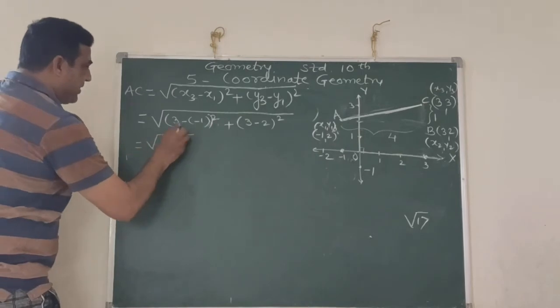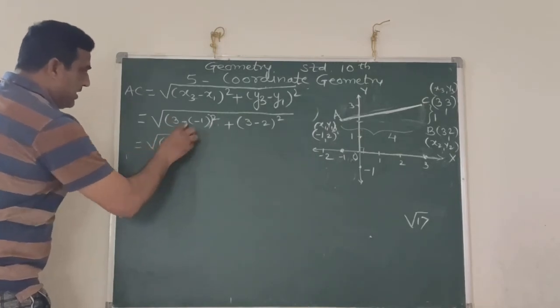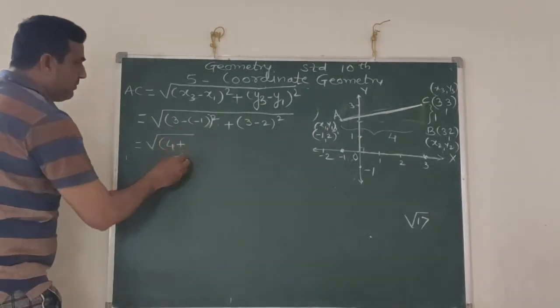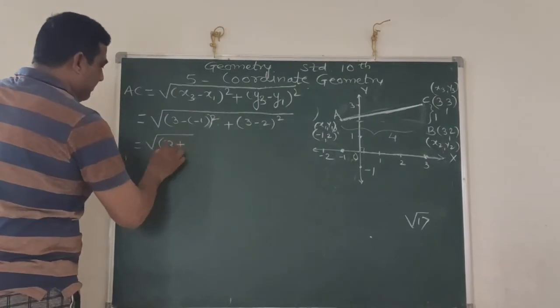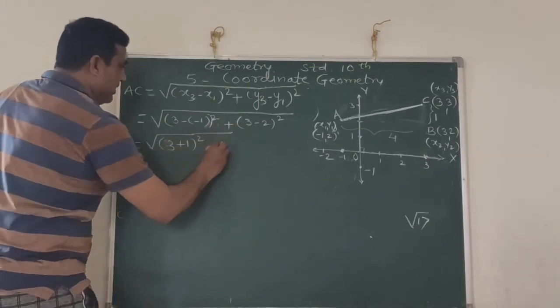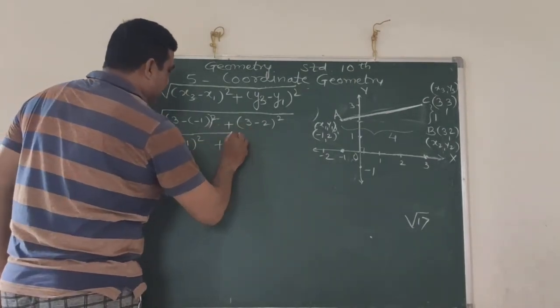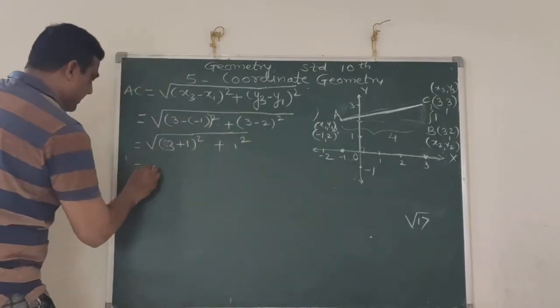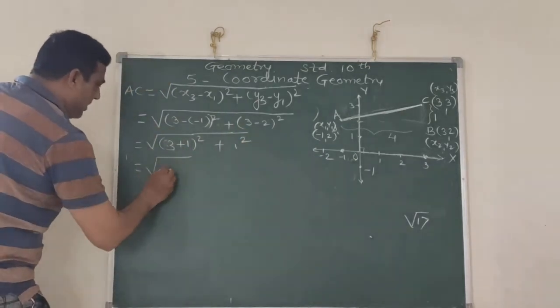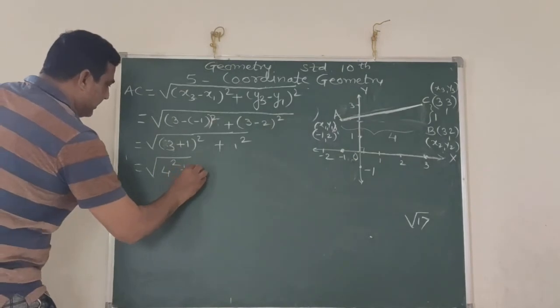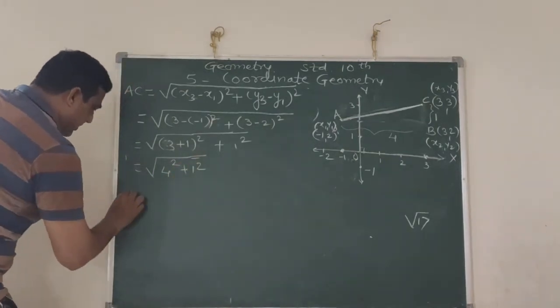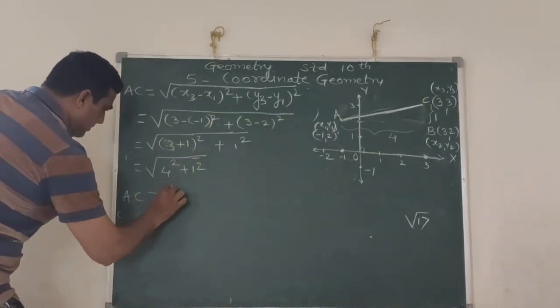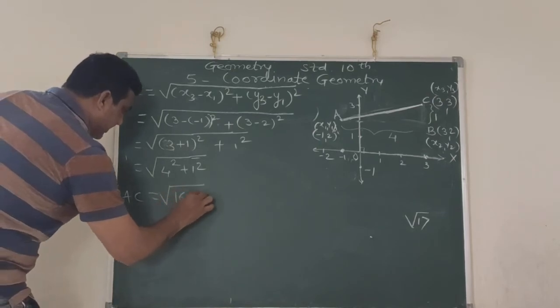Square root of 3 minus (-1), that is plus 1, bracket square, plus 3 minus 2, that is 1, bracket square. So square root of 4 square plus 1 square. So AC is equal to the square root of 16 plus 1.